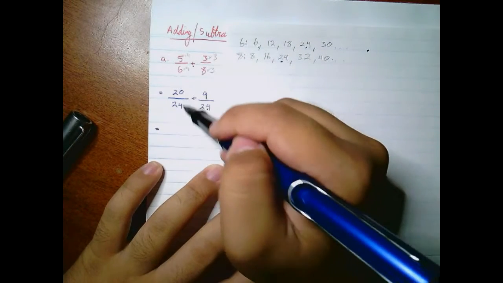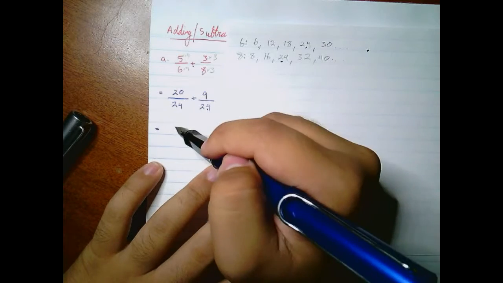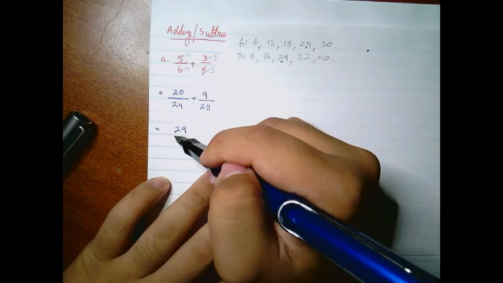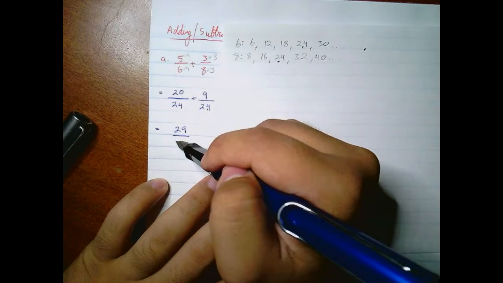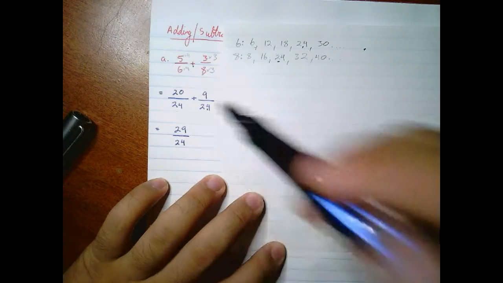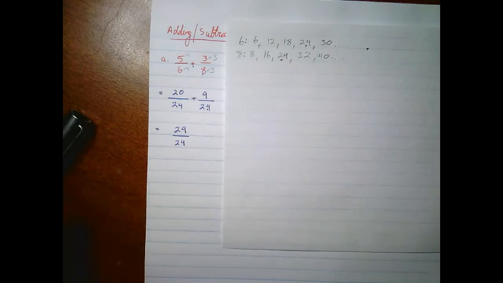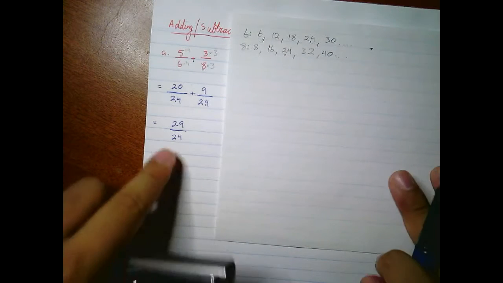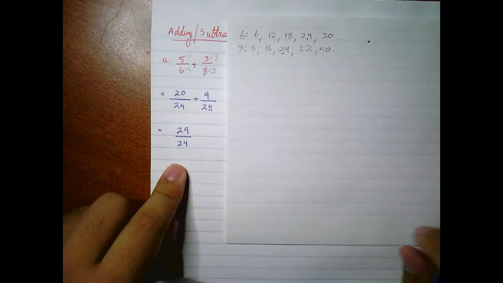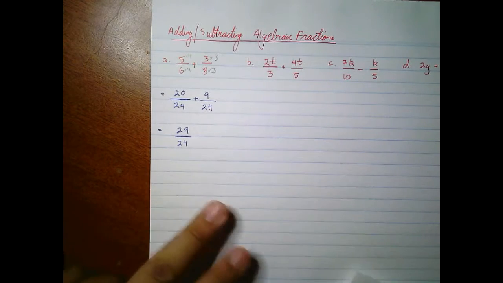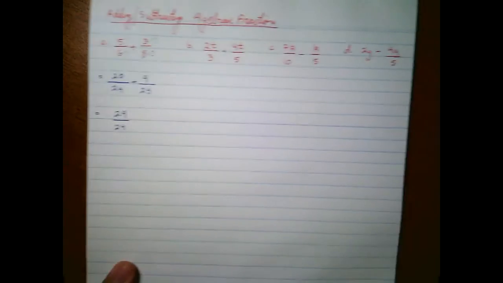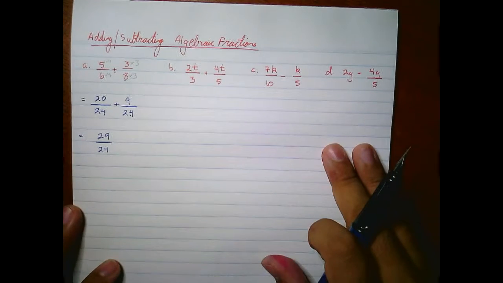This will add up to 20 plus 9 is 29 over 24. We leave it as an improper fraction there. So we use this basic idea of regular fractions and apply it to algebraic fractions.